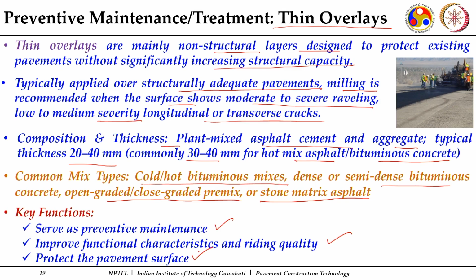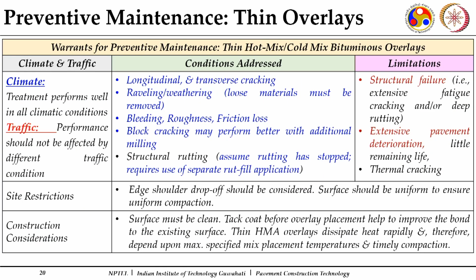It can be useful for addressing longitudinal and transverse cracking, raveling, bleeding, roughness and friction loss. Block cracking may perform better with additional milling, and structural rutting definitely cannot be stopped with this, but to a certain extent it will serve the purpose of giving improved riding quality and smoothness.